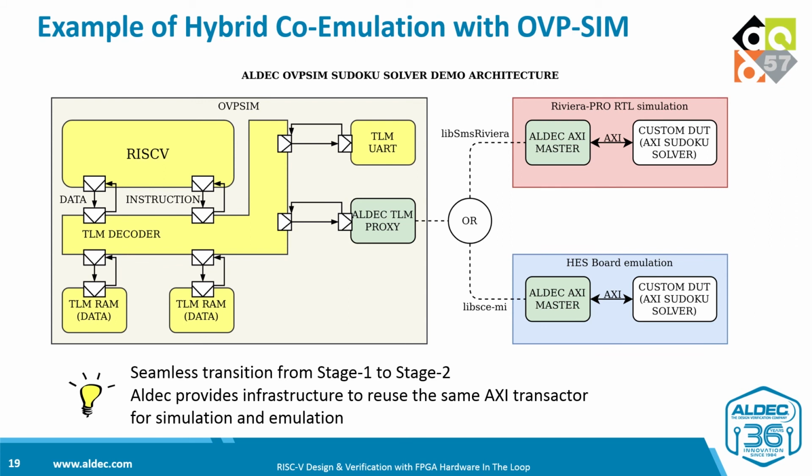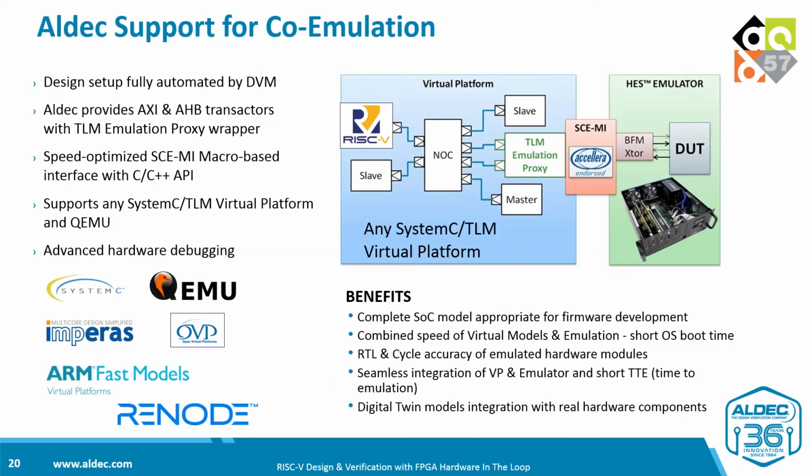Please note that the same fixture is used for co-simulation with Aldec Riviera-PRO simulator and then to run emulation with Aldec HES boards. So first, you can test the connection and integration of hybrid model using HDL simulation, and then if everything works well, you can set up design for emulation and run design with hardware.